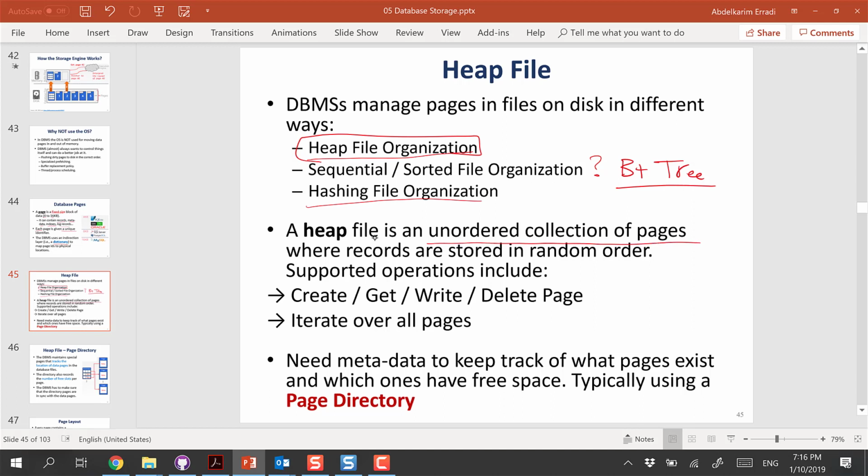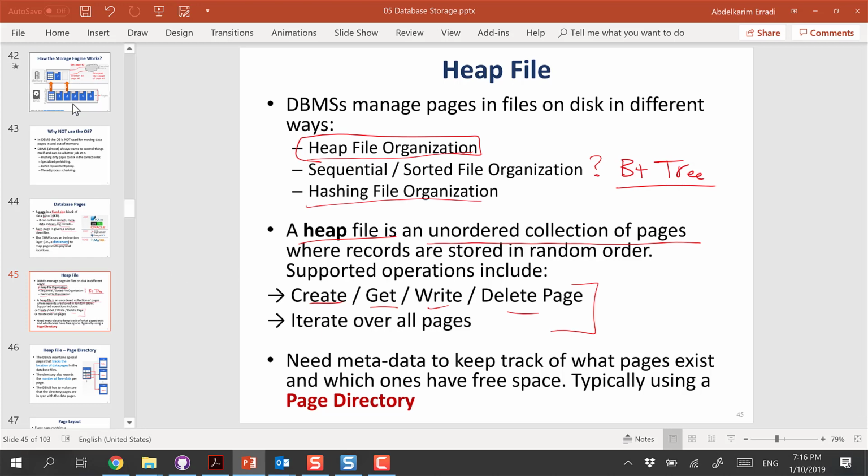The pages are not really ordered in any way. And the heap file supports these operations. What you can do with the heap file: you can create a page, read a particular page, get a particular page, write a page, delete a page. These are the operations you can do. You can also, of course, iterate through all the pages. That's what you can do when you organize your data in a heap file.